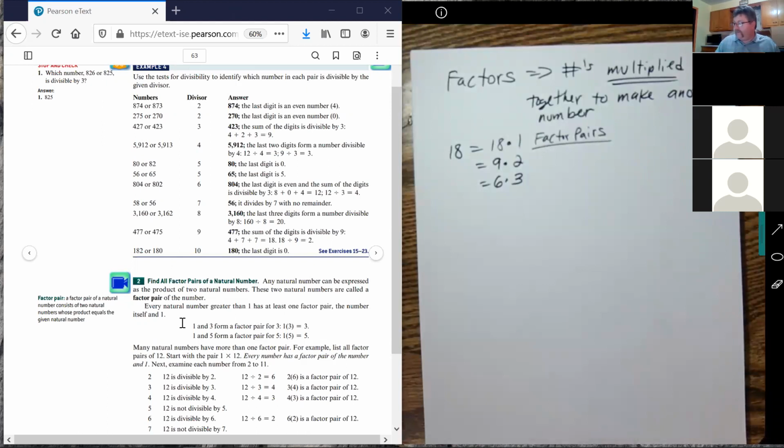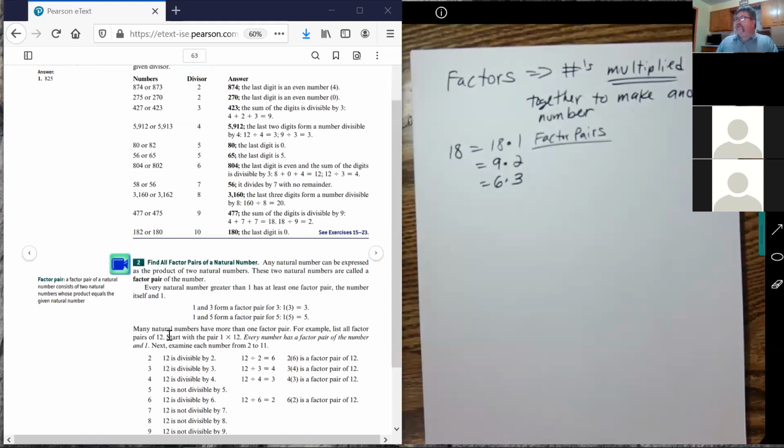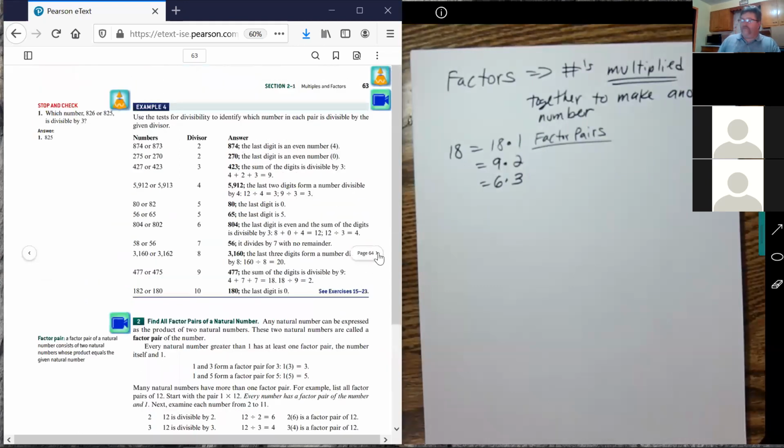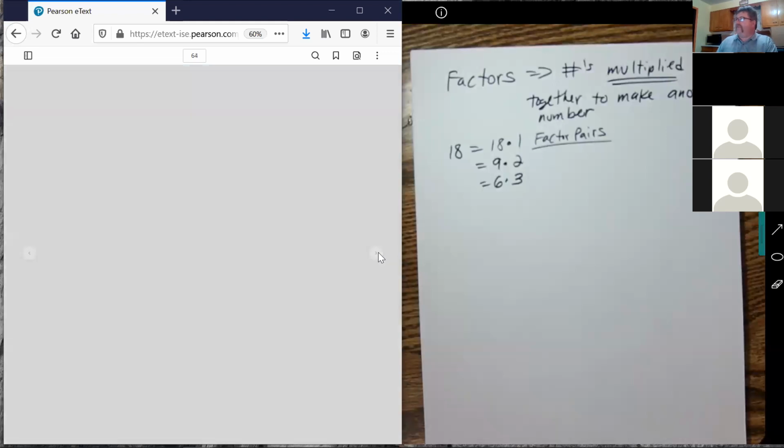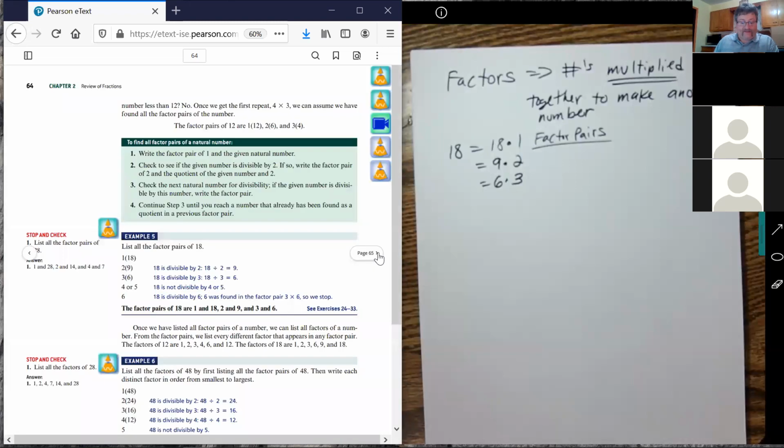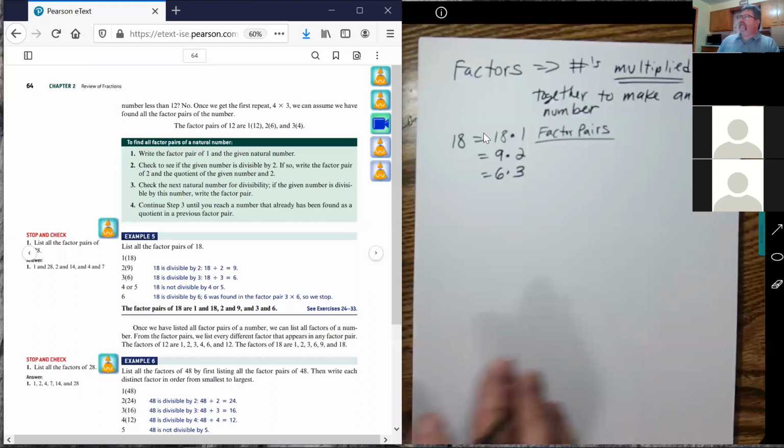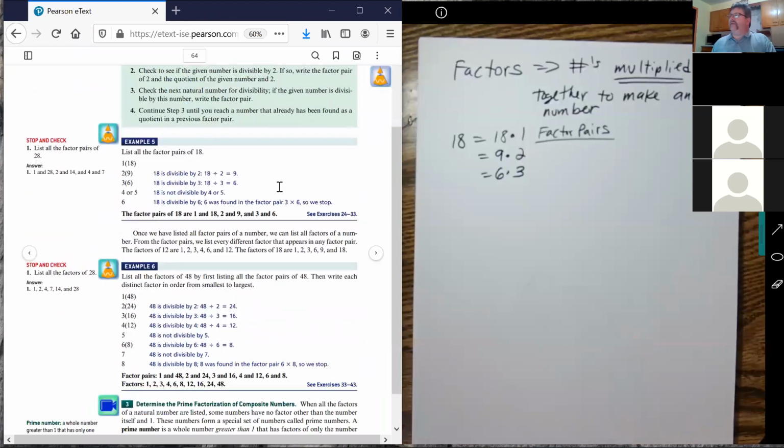Can I divide by 5? Can I divide by 7? That's a more methodical way to do it, to run through all those divisibility steps. Okay, that's kind of tedious. Let's just think about it. We can figure most of these out. Oh, that was actually example 5, the factor pairs of 18.